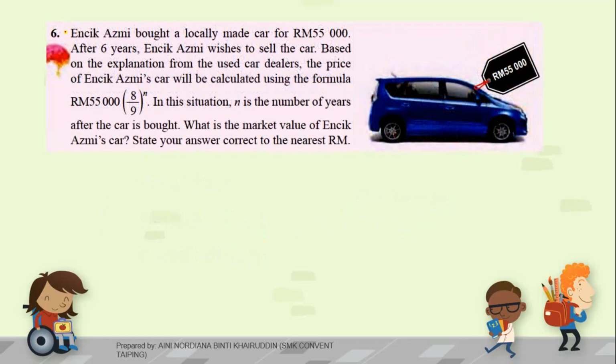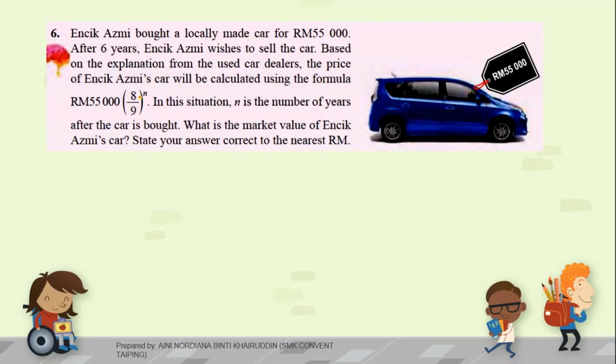Okay, number 6. Encik Azmi bought a locally made car for 55,000. After 6 years, Encik Azmi wished to sell the car. Based on the explanation from the used car dealers, the price of Encik Azmi's car will be calculated using the formula 55,000 times (8 over 9) to the power of n.